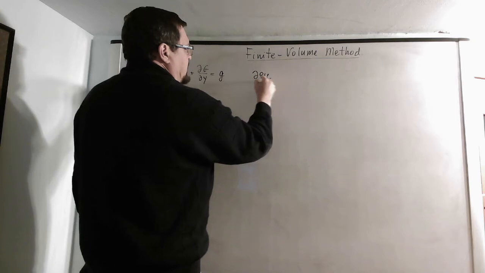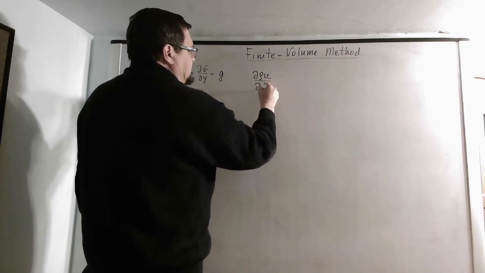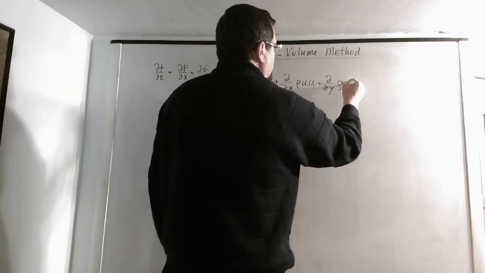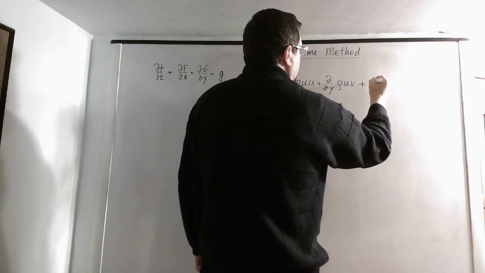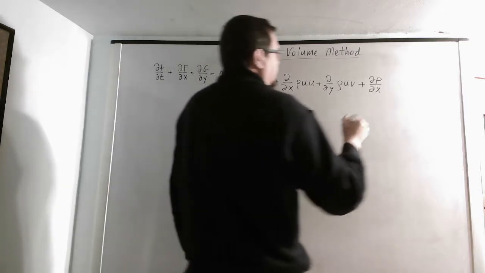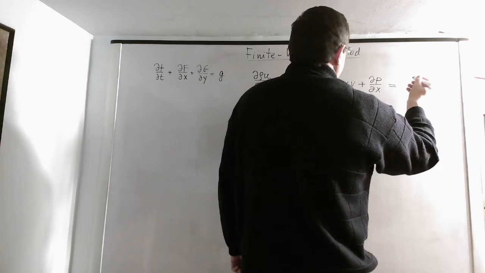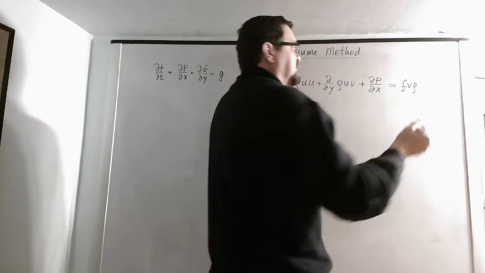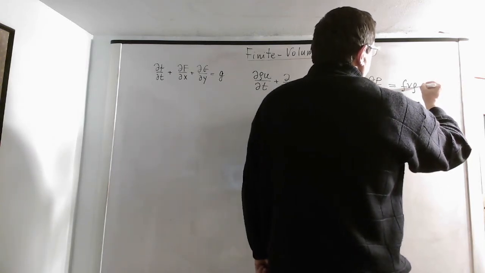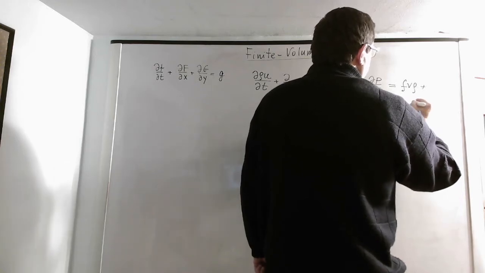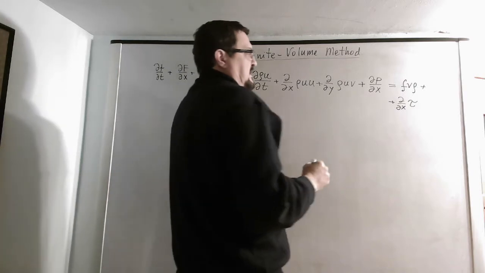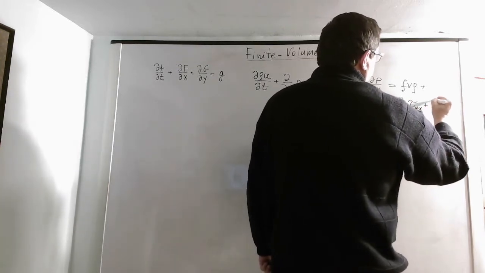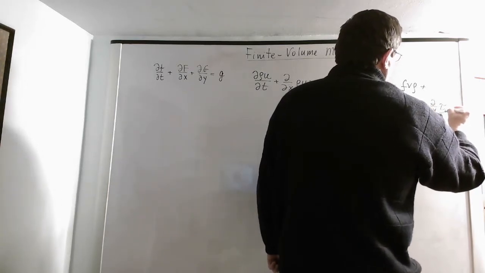In flux form, the horizontal momentum equation would be written like d(rho u)/dt plus d/dx of rho u u plus d/dy of rho u v plus dp/dx, the pressure gradient, equals, say, f v rho, the Coriolis force, plus diffusion in the following form: d/dx of some stress tau ux plus d/dy of tau uy.